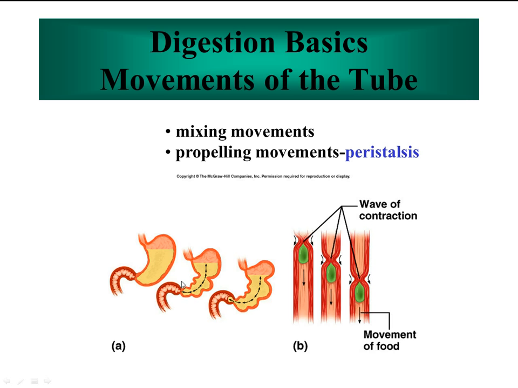They alternate, and that helps to churn that chyme, or that mixture of fluids and food in the stomach. Then that helps to move it into the digestive tract.